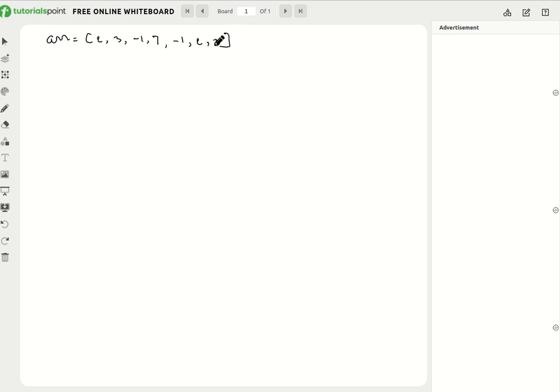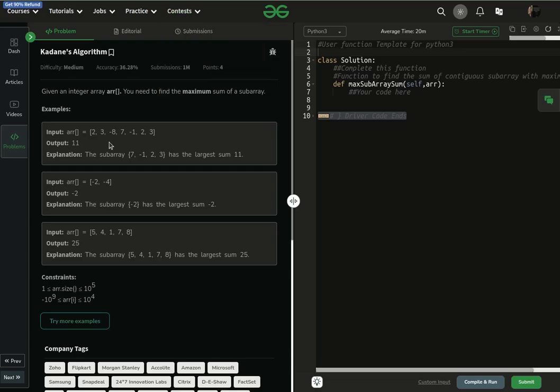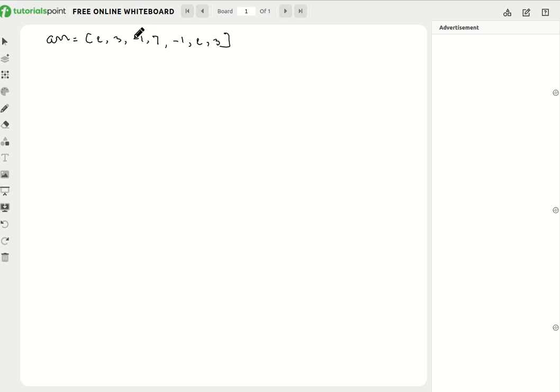Let's take the array 2 3 minus 8 7 minus 1 2 3.